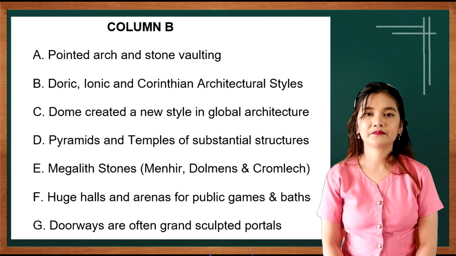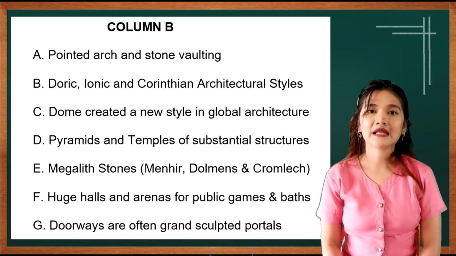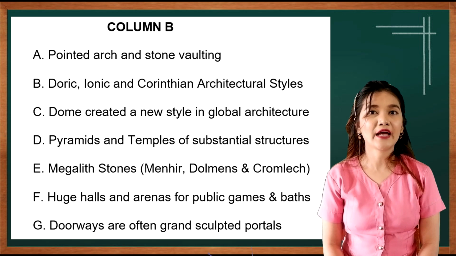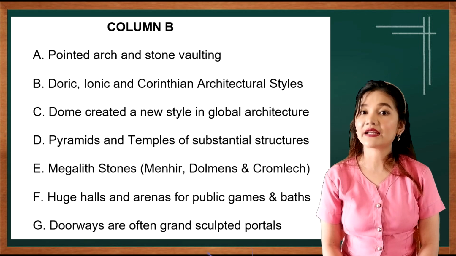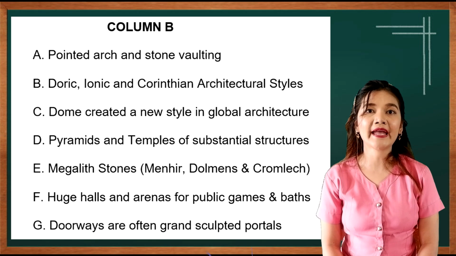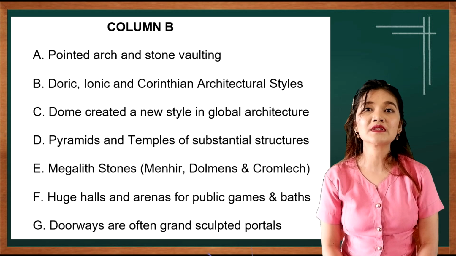Column B. Letter A. Pointed arc and stone vaulting. Letter B. Doric, Ionic, and Corinthian architectural styles. Letter C. Dome created a new style in global architecture. Letter D. Pyramids and temples of substantial structures.